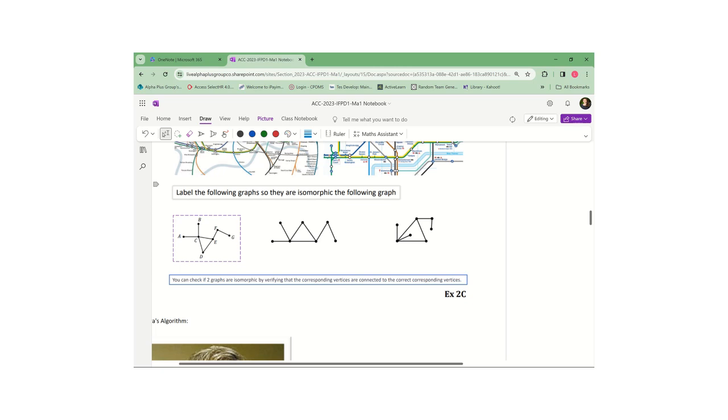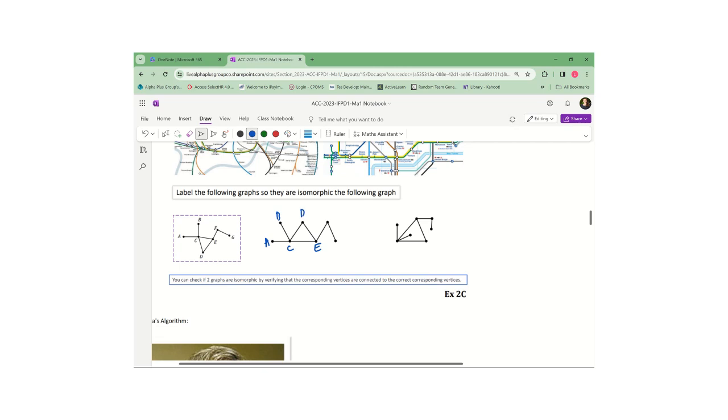Label the following graphs so that they are isomorphic to the following graph. So the idea here is that I can draw this graph in the purple box in different ways. I could draw the arcs in different directions and it would still be the same. So if I were to label, say, A and B, see they're coming together to meet at C. So I'm going to draw it like this, and then I want to have 3 arcs coming off of E. So I'll draw E there because it's got 1, 2, 3 coming off it.